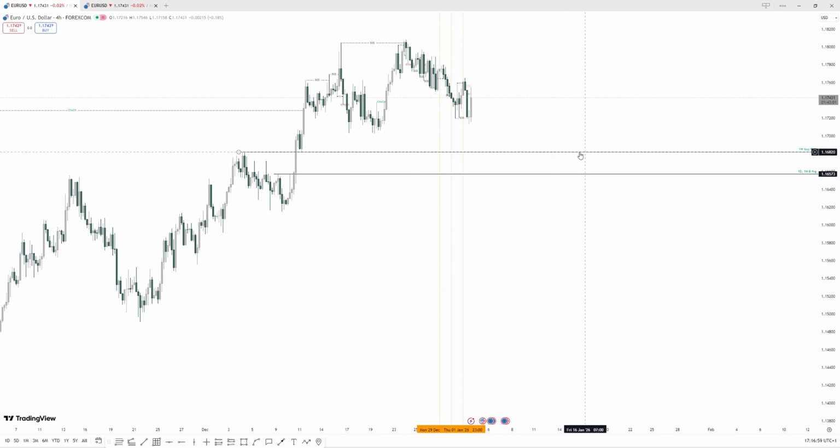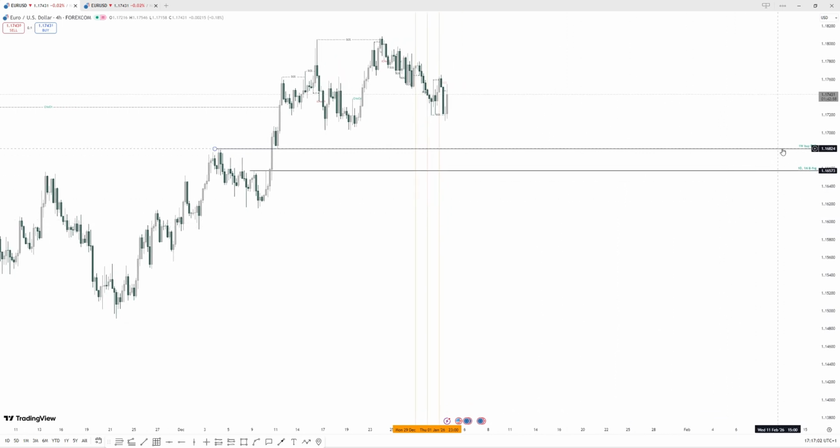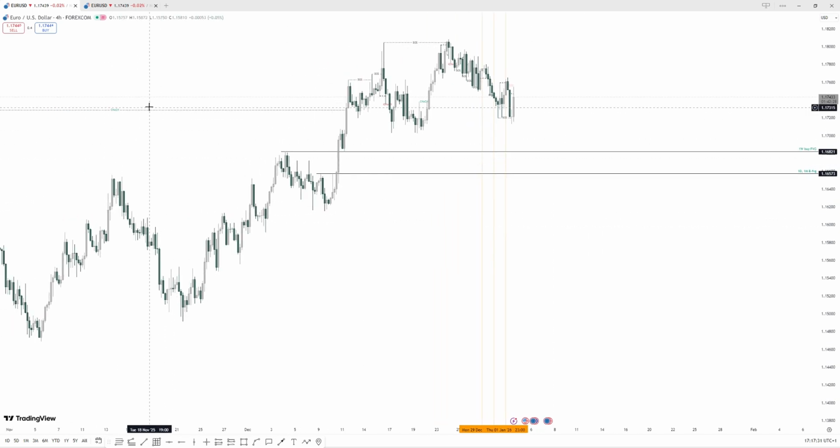If you look at these two horizontal lines, we have a weekly fair value gap here, and below the weekly fair value gap, we have the daily fair value gap and monthly fair value gap falling on the same zone. Meanwhile, the weekly fair value gap is above. If we come to this 4 hours time frame, you can see that the weekly fair value gap is serving as an inducement to the daily and monthly fair value gap.